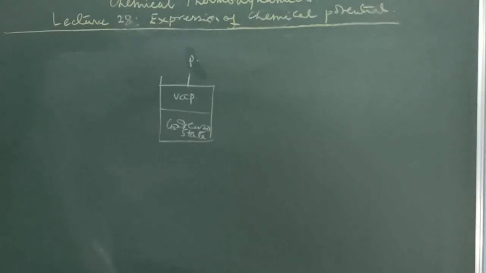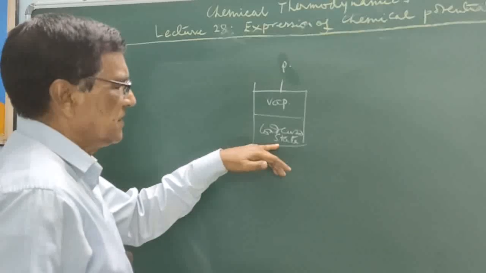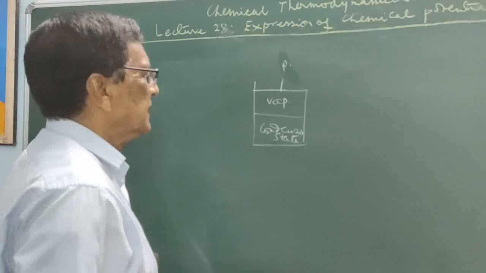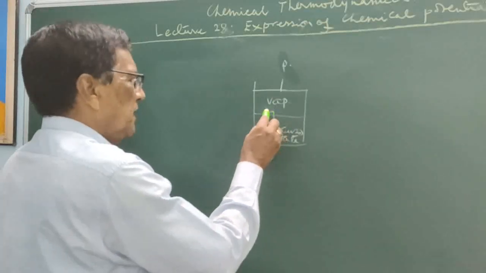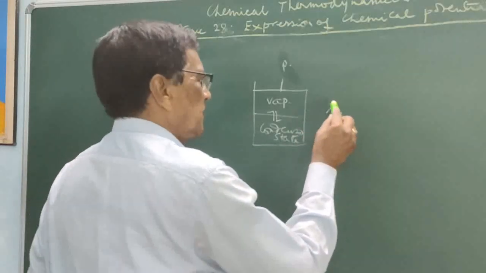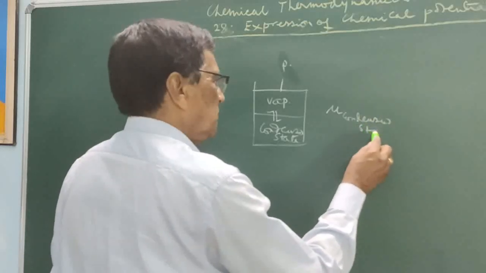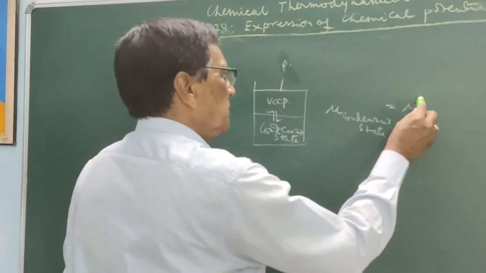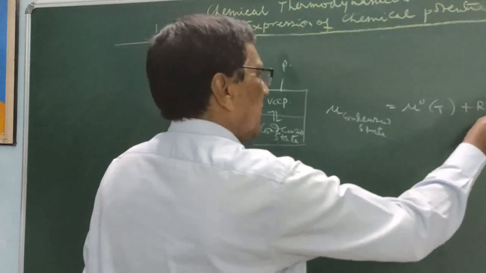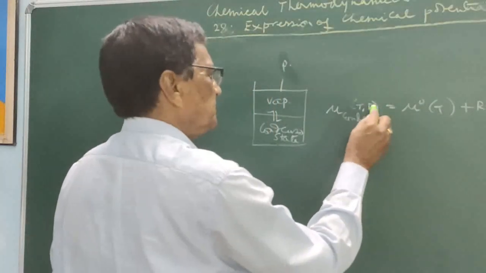In this case, say one substance remains in liquid, one substance remains in solid, and its vapor has the pressure P. Then as these two are in equilibrium, the chemical potentials of this one and this one are the same. So the chemical potential of this condensed state of the substance is equal to mu naught(T) plus RT ln P. Here it is T and P.